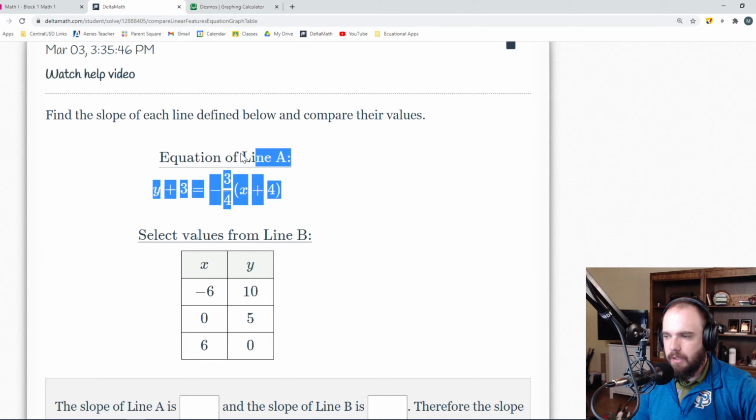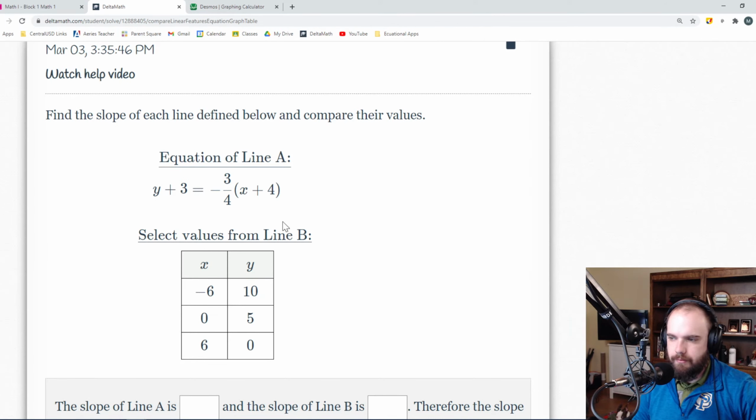All right, so now we're looking for the slope. The cool thing about this is we didn't talk about this form here. This is called our point slope form, and we would have a point already there, and our slope is actually going to be this number here. It's going to be negative 3/4. But the way I taught it in class was I wanted you to go through the steps of converting this into y-intercept form to get you practice doing the algebra.